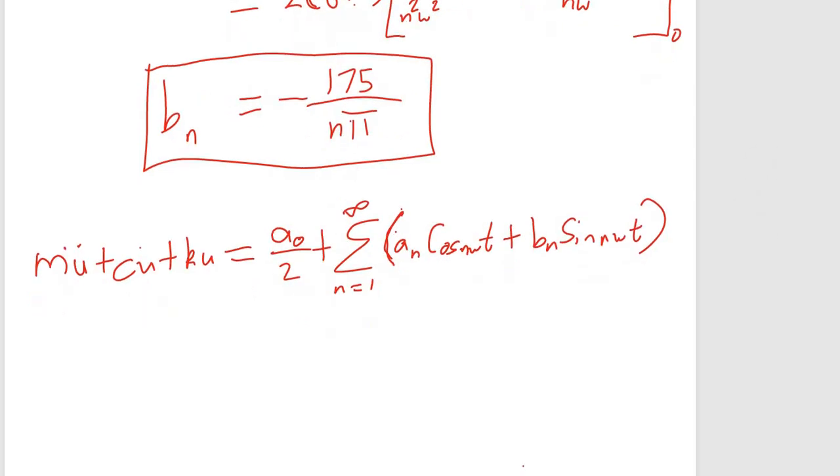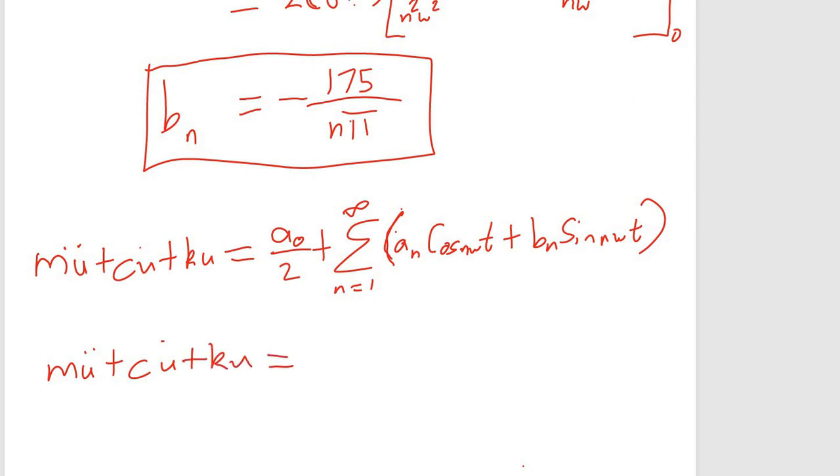So in order for us to now find the particular solution for this equation, how about we use superposition? What I mean by superposition is that I can safely say this expression is the same as saying plus ku.